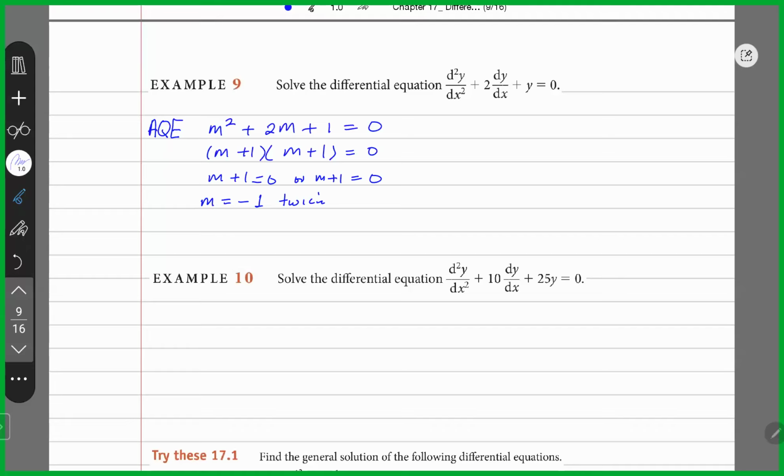In this case, the solutions of the AQE are real and they are equal. If that is the case, the solution of the differential equation is y is equal to (ax plus b) e to the minus 1x, where the minus 1 is the solution of the AQE.